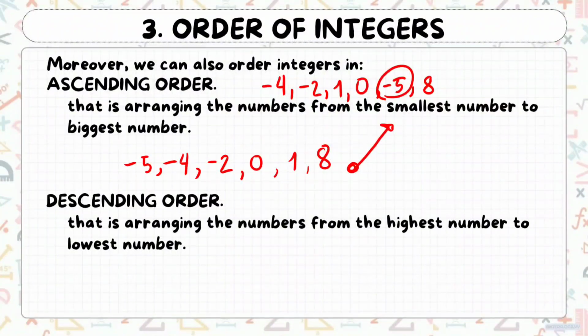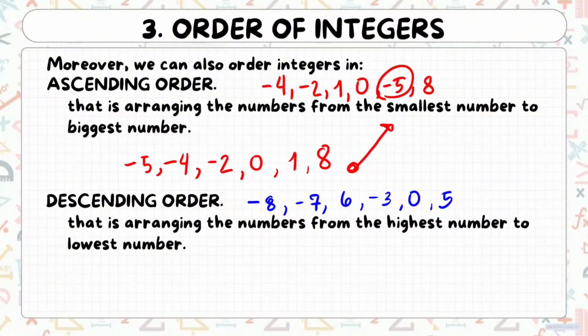It's like going up. On the other hand, descending order is vice versa, where we start from the highest and go to the lowest. Let's say -8, 7, -7, 6, -3, 0, and 5. The highest number is not -8 because it's negative.